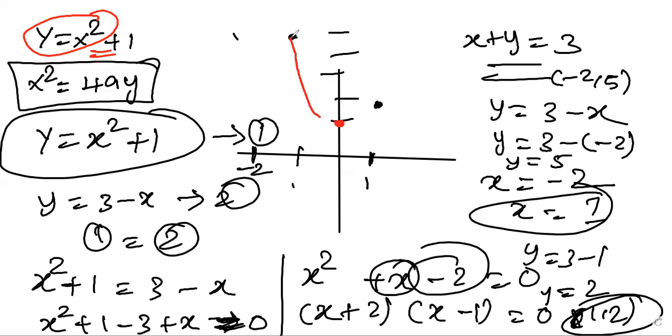So the parabola will go like this, right? And the line will pass through these 2 points, these 2 coordinates, isn't it? So this is y is equal to x square plus 1. And this must be y is equal to 3 minus x. Is it clear? Yes, ma'am. Clear.